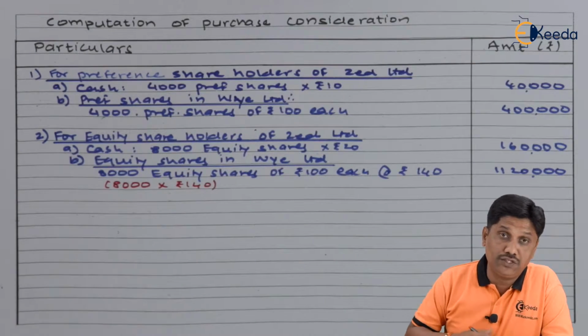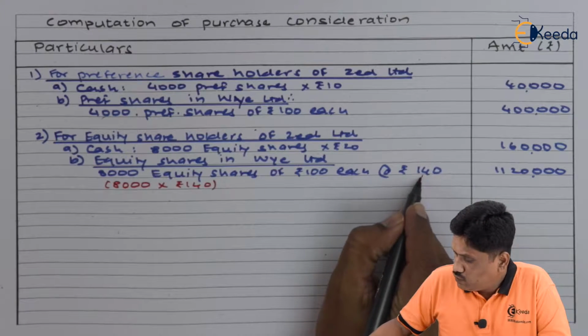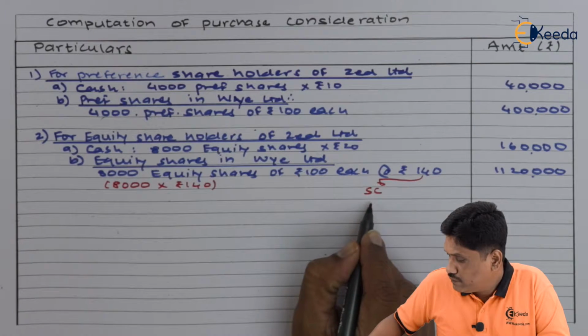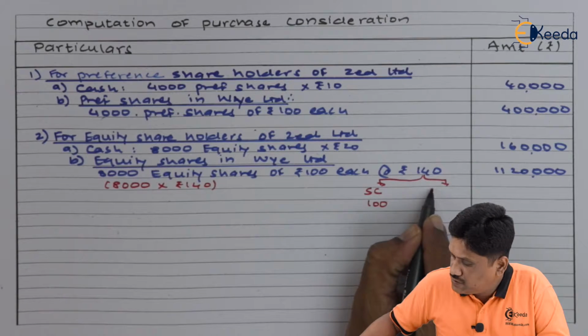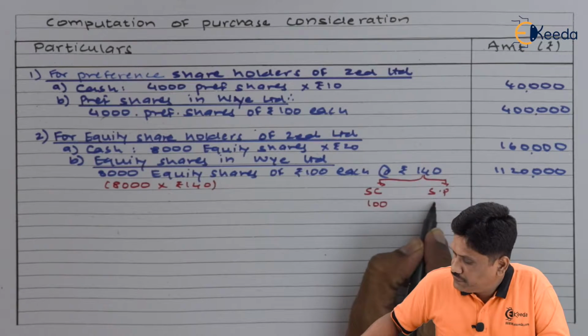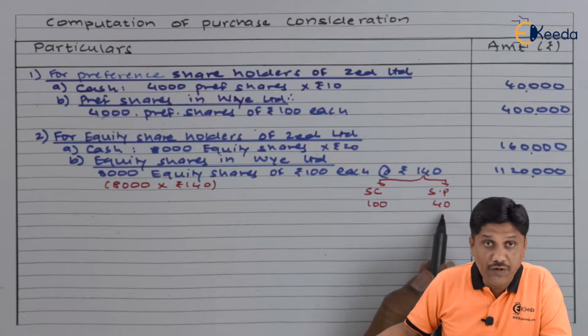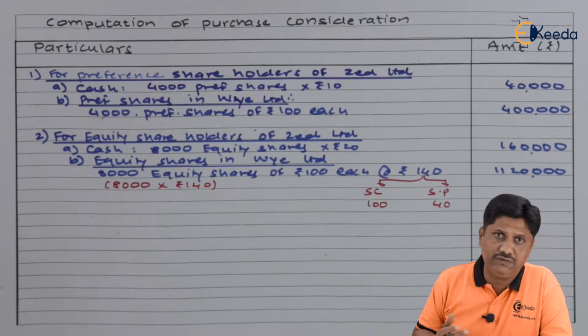So when they issue the shares to the vendor, they will say that in this 140, share capital is 100 and the extra amount is securities premium. Share capital is 100 and the extra amount charged will be a premium of 40 rupees, but it is for the issuer, not for the receiver.